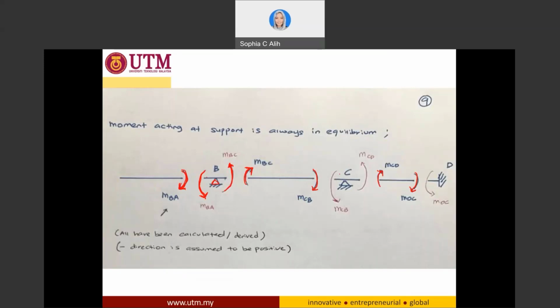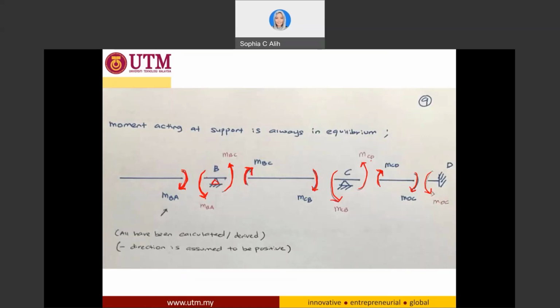If you have here clockwise direction MCD, you will have here counterclockwise direction MCD. And if you have in here end moment of DC clockwise direction, you will have to balance it with another moment DC counterclockwise. Now you knew this value, you knew this value.